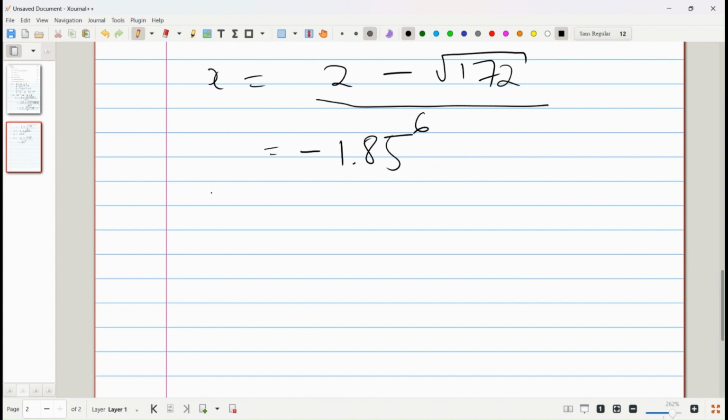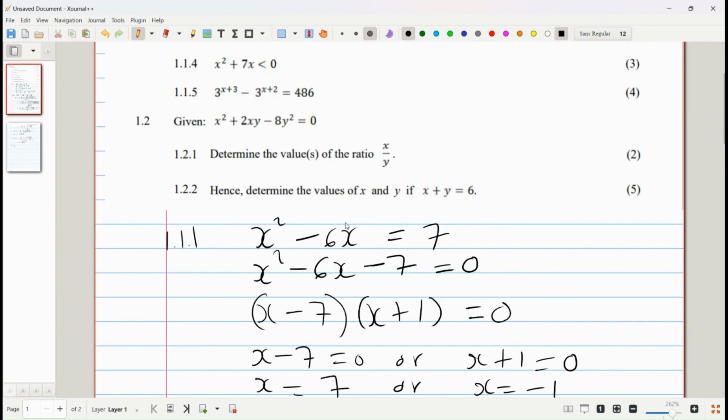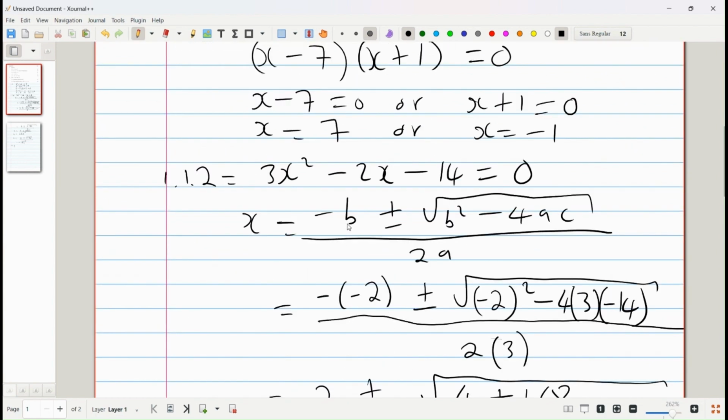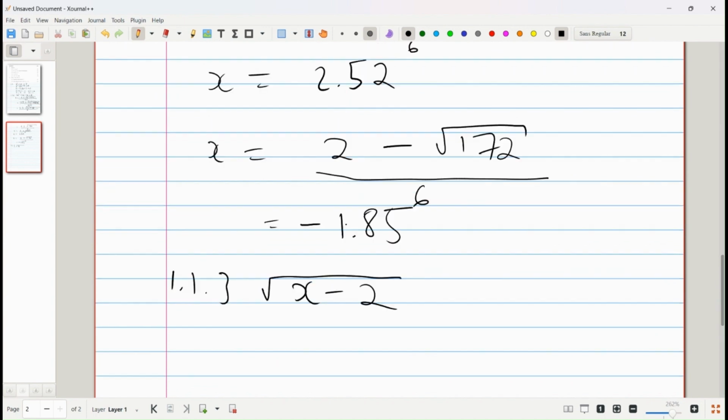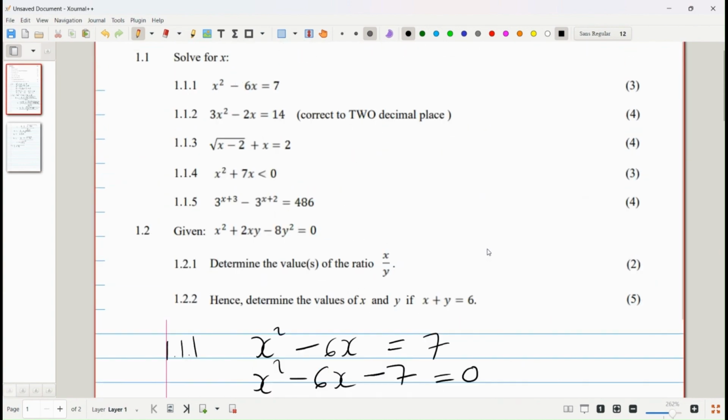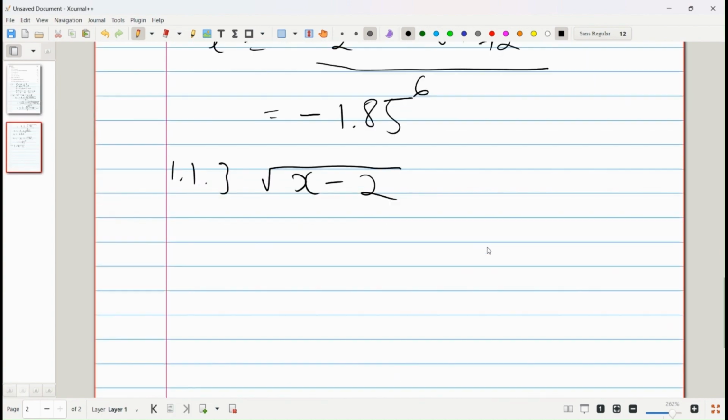So let me write it here. 1.1.3: square root of x minus 2, plus x, equals to 2.